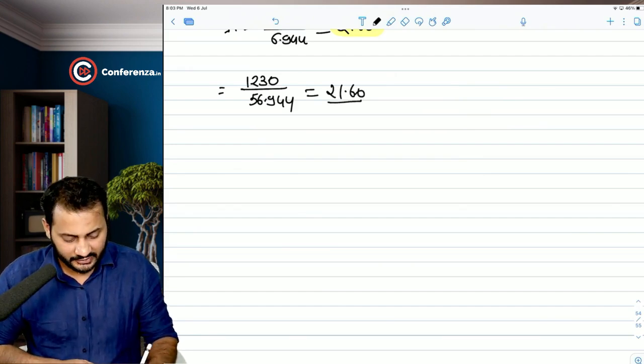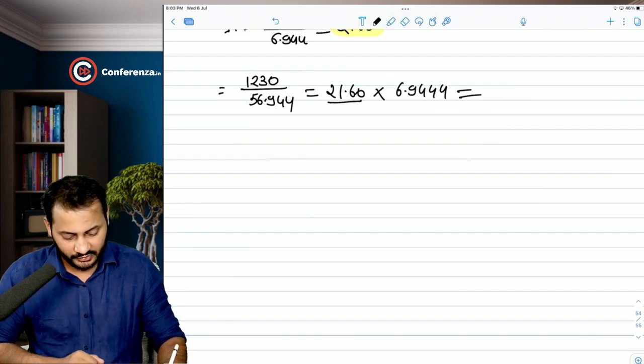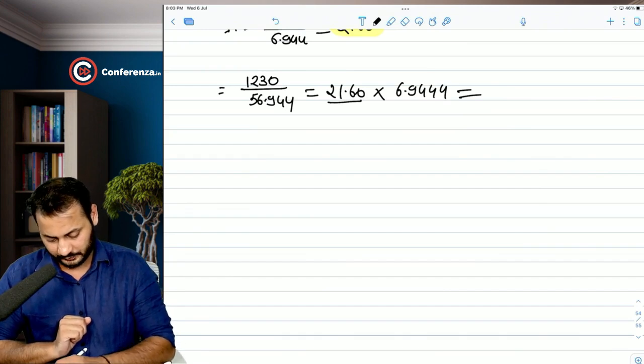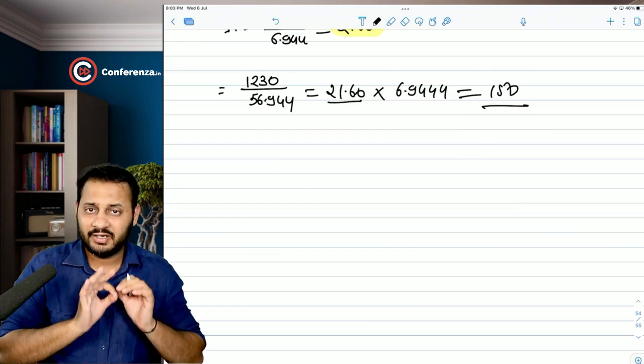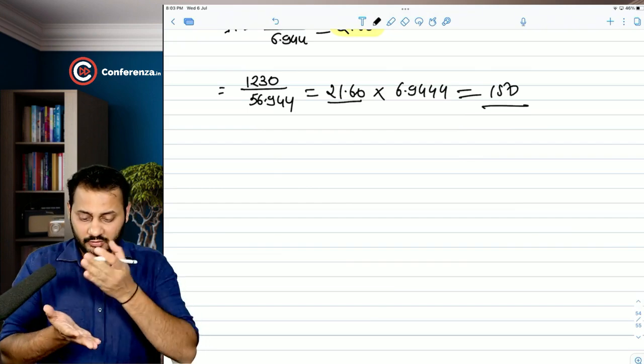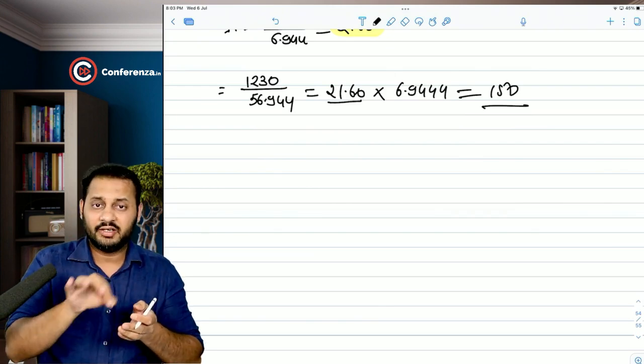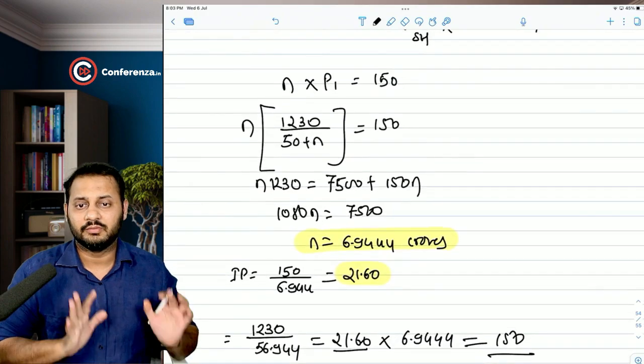If you multiply this market price with the new shareholders' shares only, their wealth will be 150 crore. So you can clearly see that we have maintained their wealth. Whatever they have contributed, we have maintained their wealth, and it's very simple.